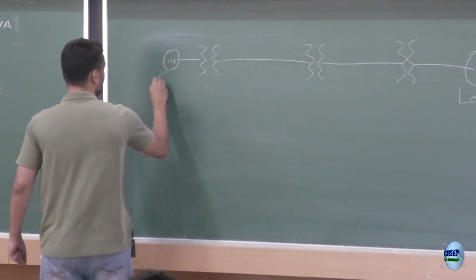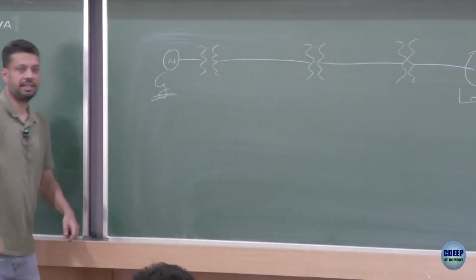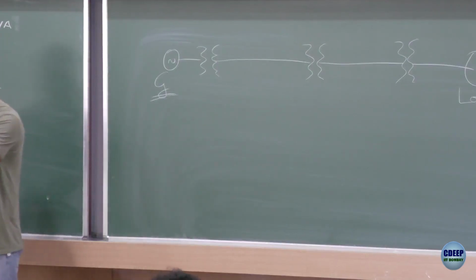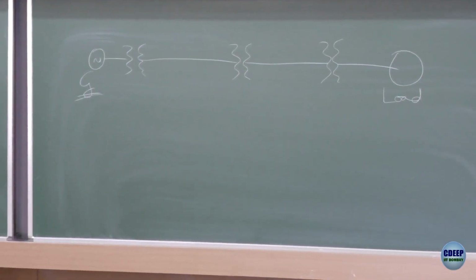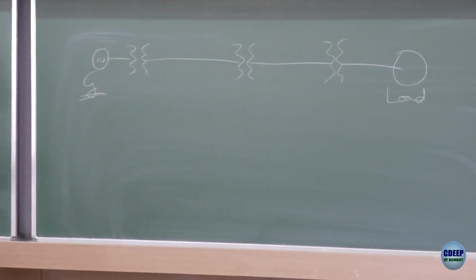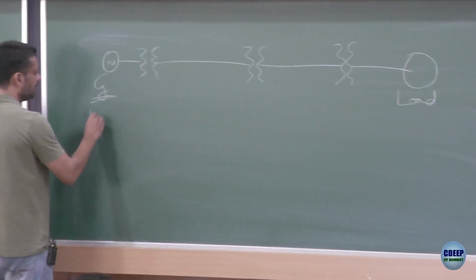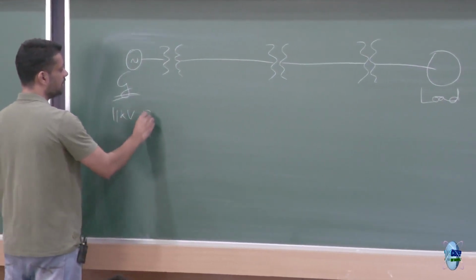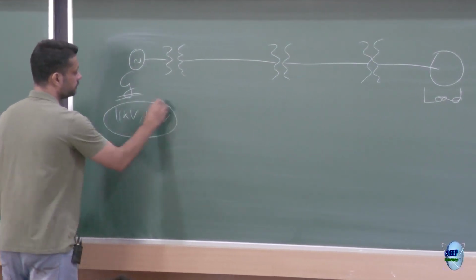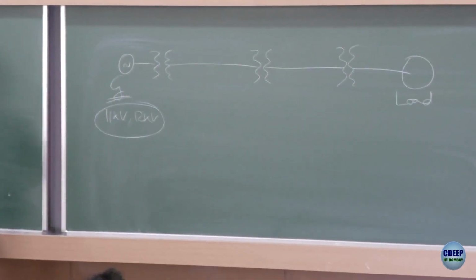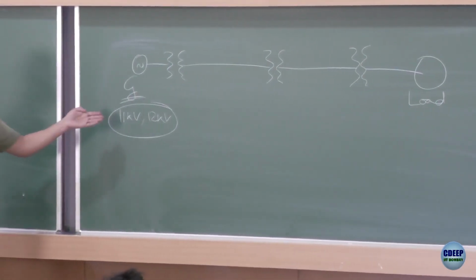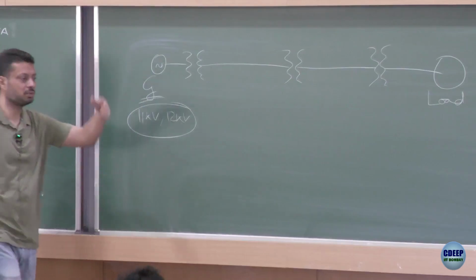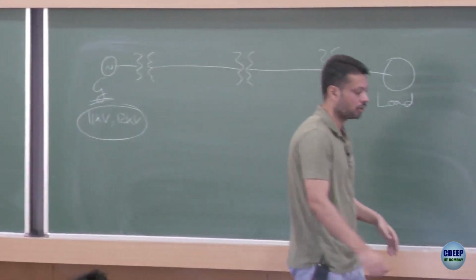Usually all these big generators, if you have seen an NTPC power plant and so on, their capacity may be in hundreds of megawatts. The voltage at which they produce is usually 11 kV, 12 kV, of this order. This is the voltage that comes out of the generator directly, and this is not very high, so you cannot use it to transmit over a long distance.